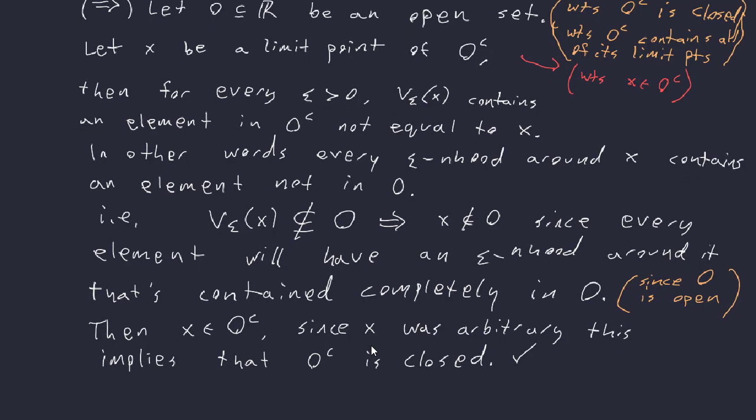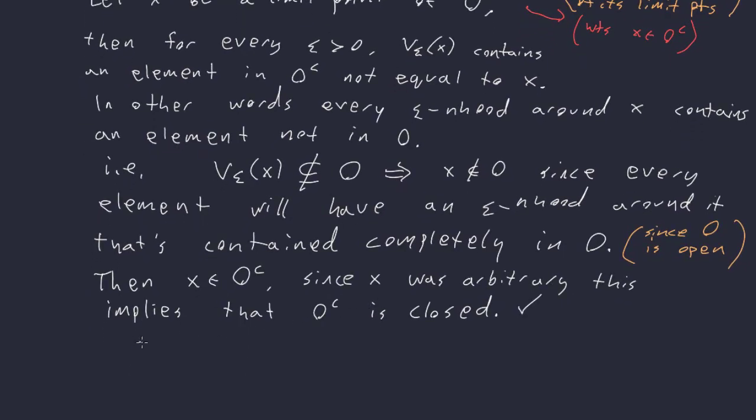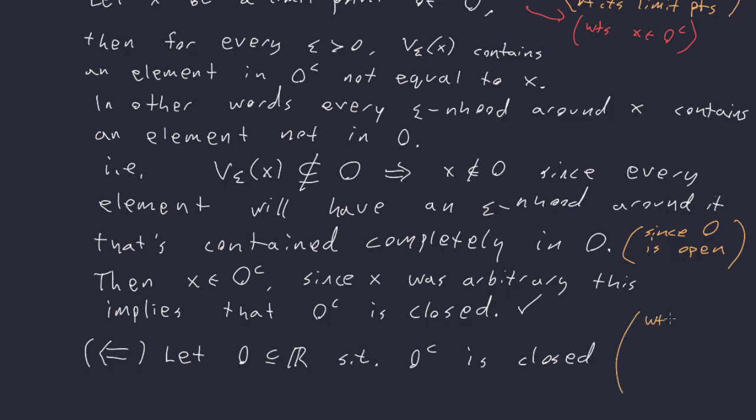All right, now we're going to prove the next direction. So here we're going to let, again, O be a subset of R such that O complement is closed. And here we want to show that O is open when this happens.